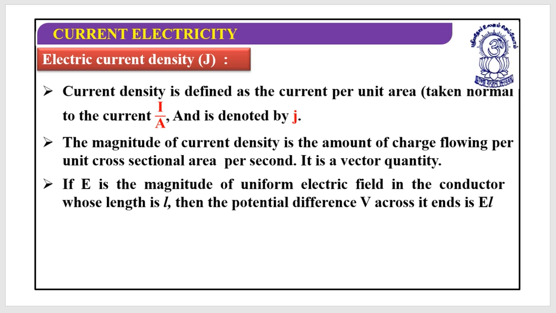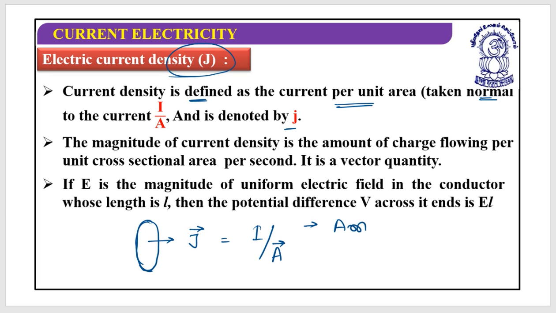Let's look at the next term, electric current density. What is current density all about? Current density is defined as the current per unit area taken normal to the current, and it is denoted by J. Suppose this is the cross-sectional area, then current density J will be written as I divided by A. Its unit is ampere per meter square.